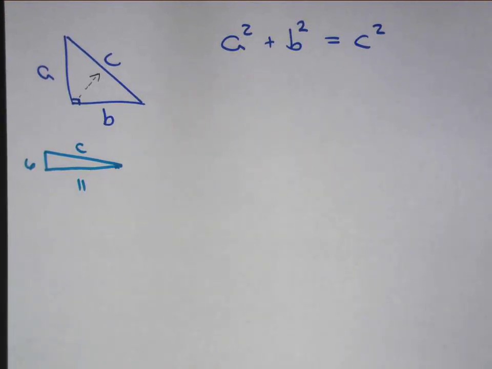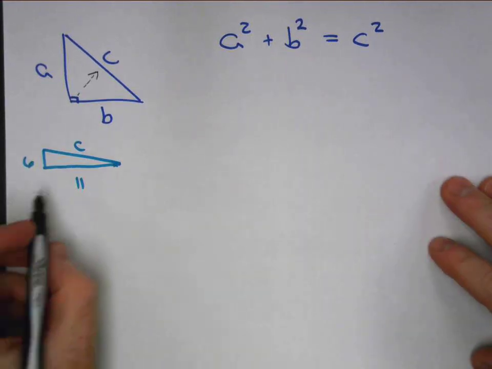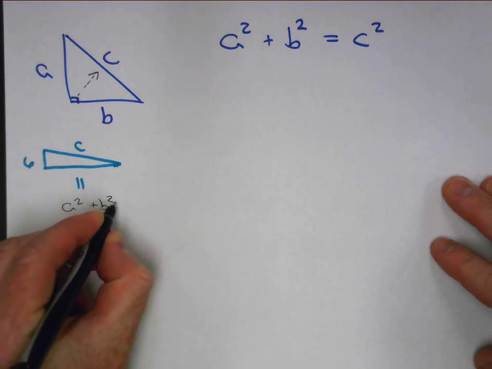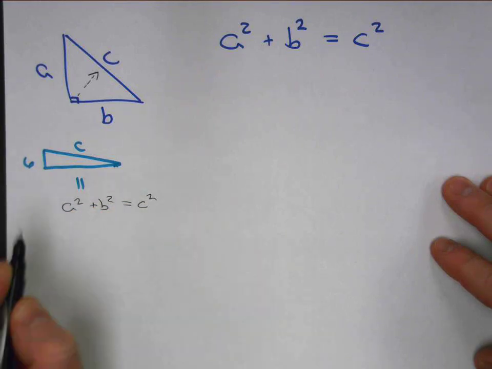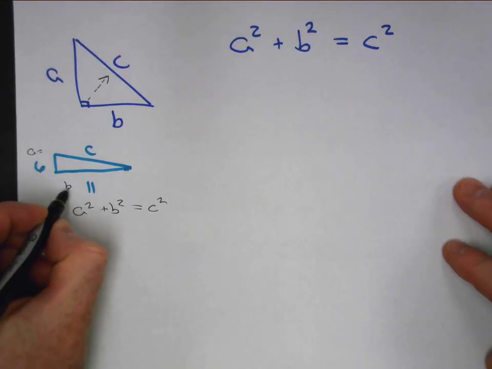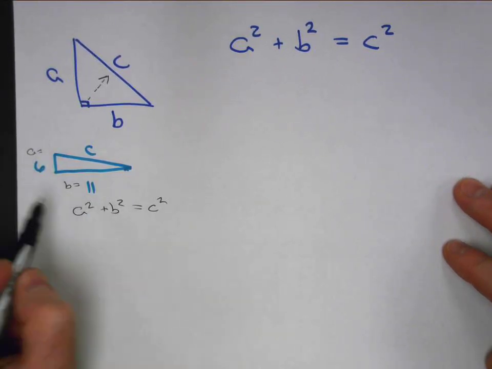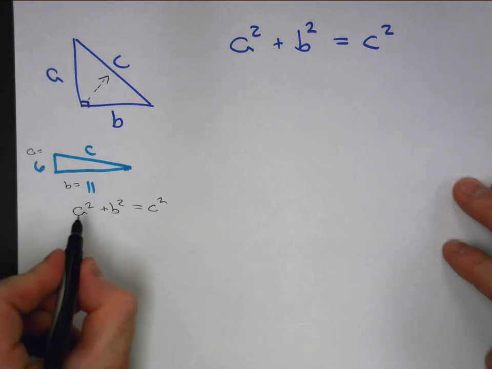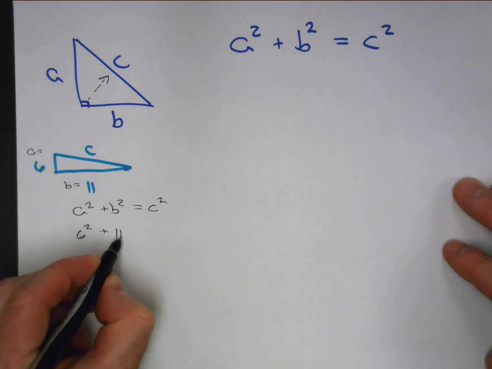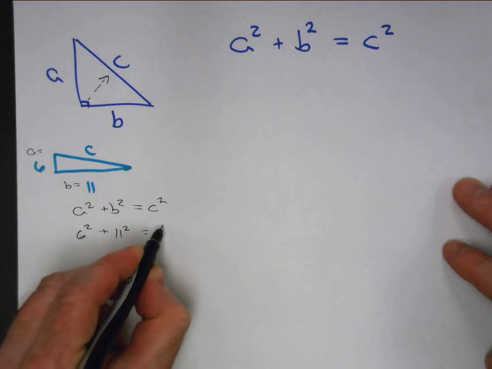So we've got A squared plus B squared equals C squared, and we can call this one A and this one B, and it doesn't matter which one you call A and B. So we've got 6 squared plus 11 squared equals C squared.